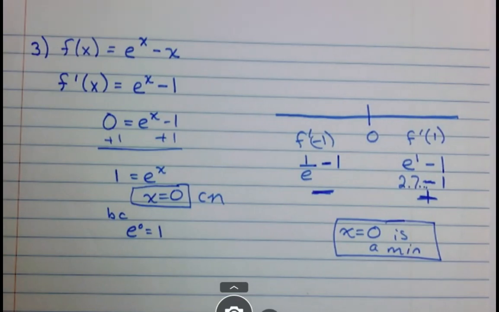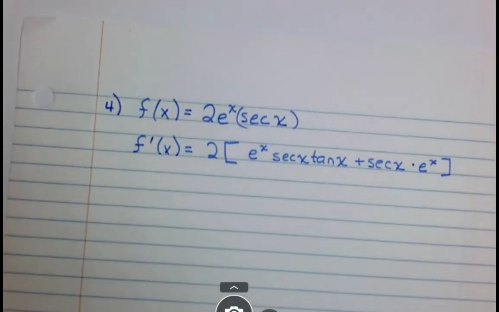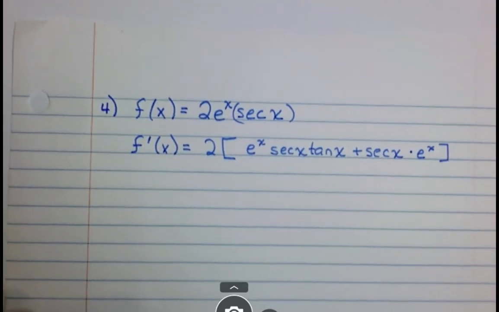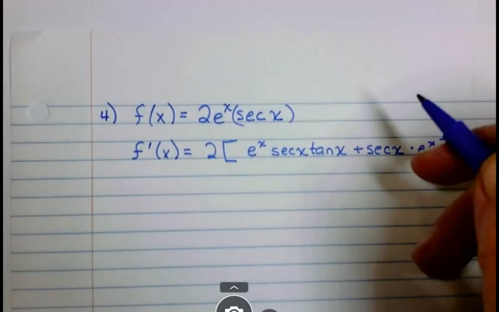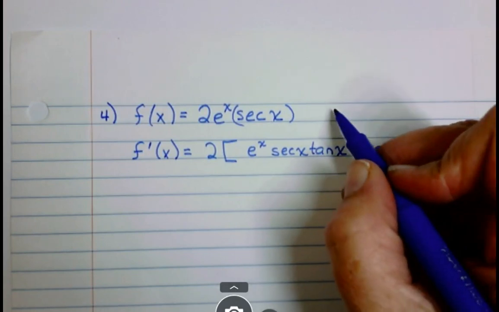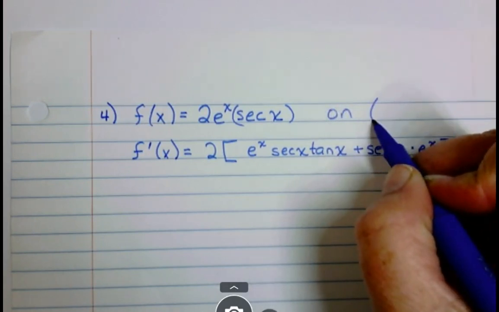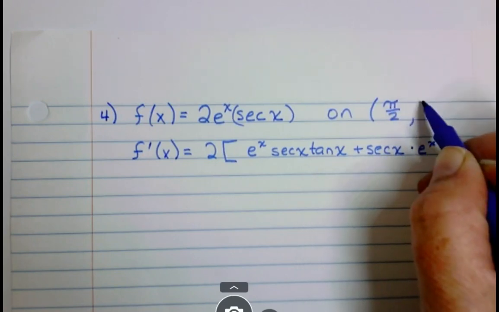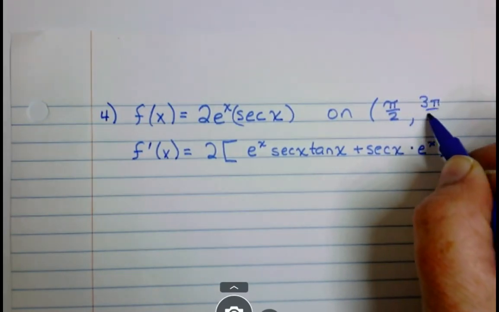Okay, one more. Oh my gosh, I love this next one too. It is another great one where even if you had a calculator, you can't really see the max or min on the graph. So you have to do the calculus to be able to find it. Oh, you know what I forgot to write here: we're going to restrict this to the interval of pi over 2, comma 3 pi over 2.